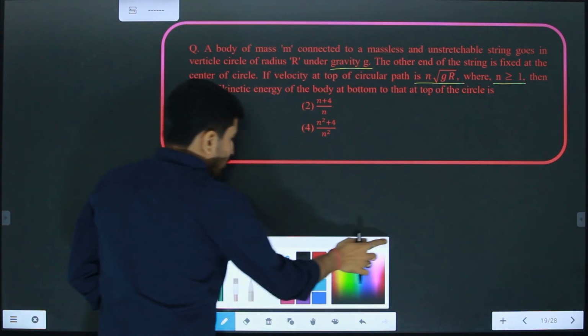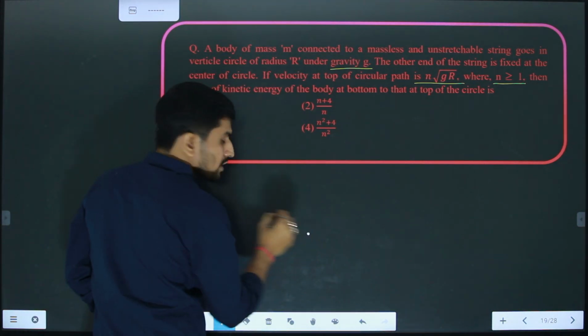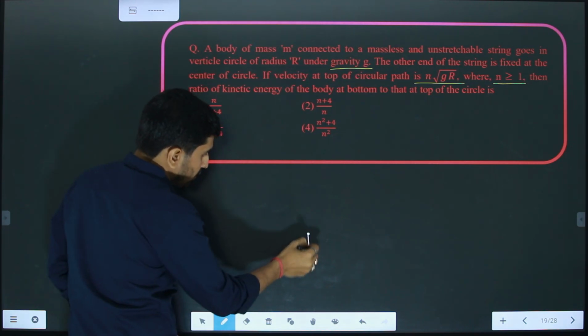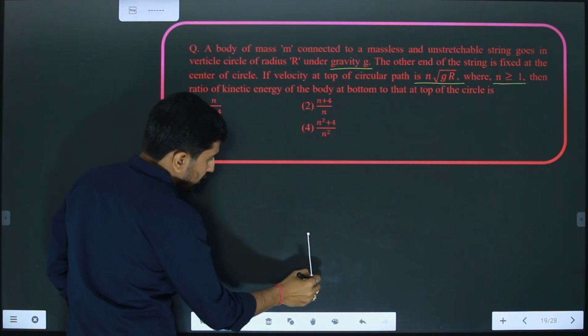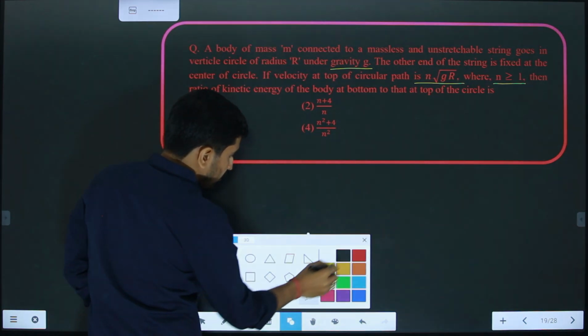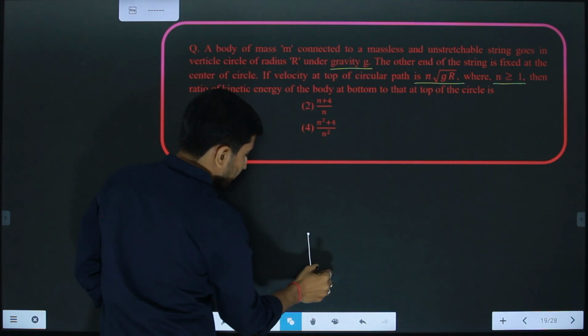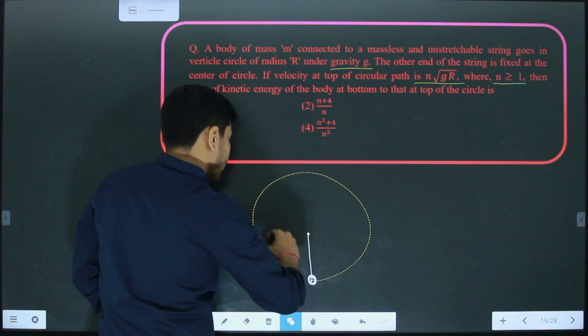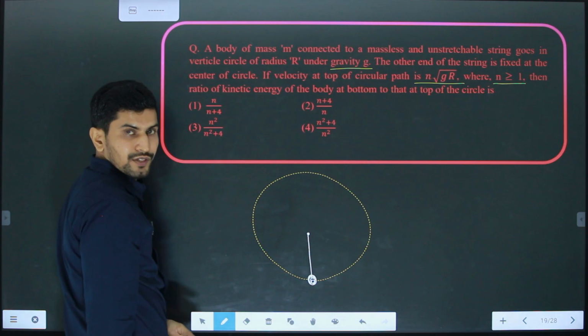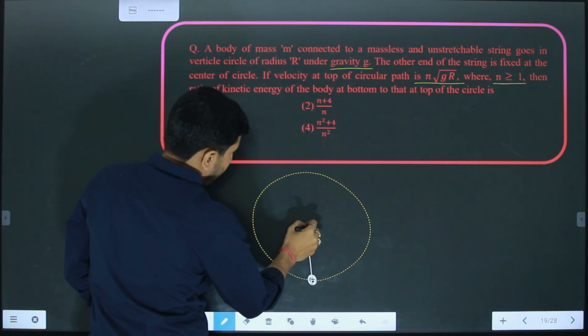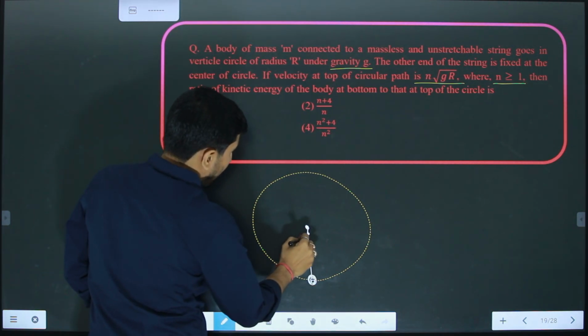Let's try to draw the situation. Let's say this is the suspension point. The particle is suspended like this, and then the particle would go in a vertical round like this under gravity. Now this distance is nothing but r.